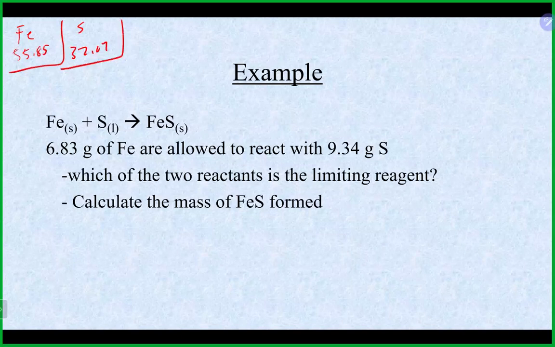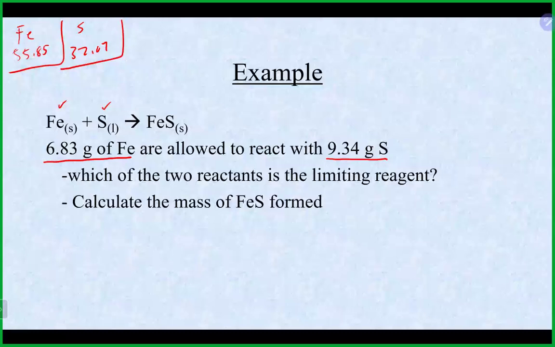All right, so first off, even if they didn't ask you which one's the limiting reagent, which very commonly they do not ask you that, I know that I have 6.83 grams of iron and 9.34 grams of sulfur. I know I could get to moles of each of those things, and both of those are reactants. So because I'm given enough information about both reactants that I can get the moles, I know that this is a limiting reagent type problem.